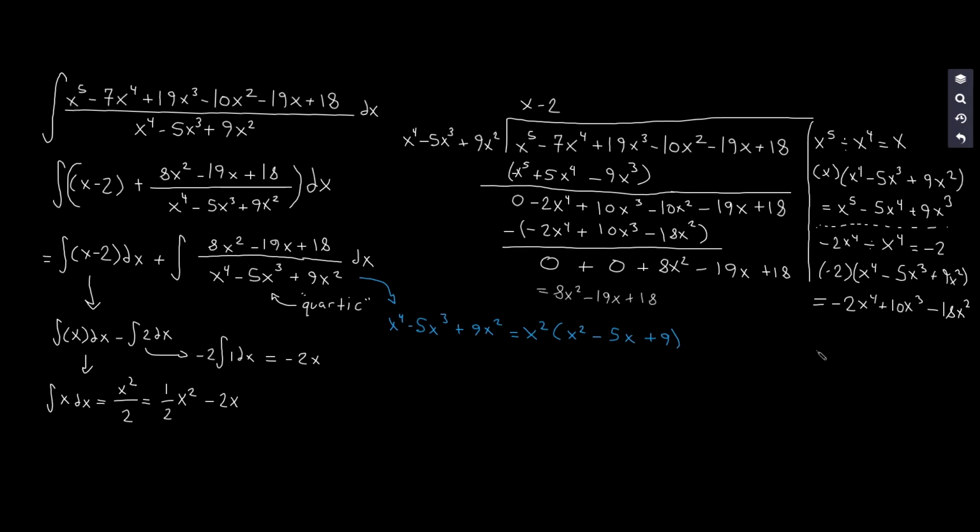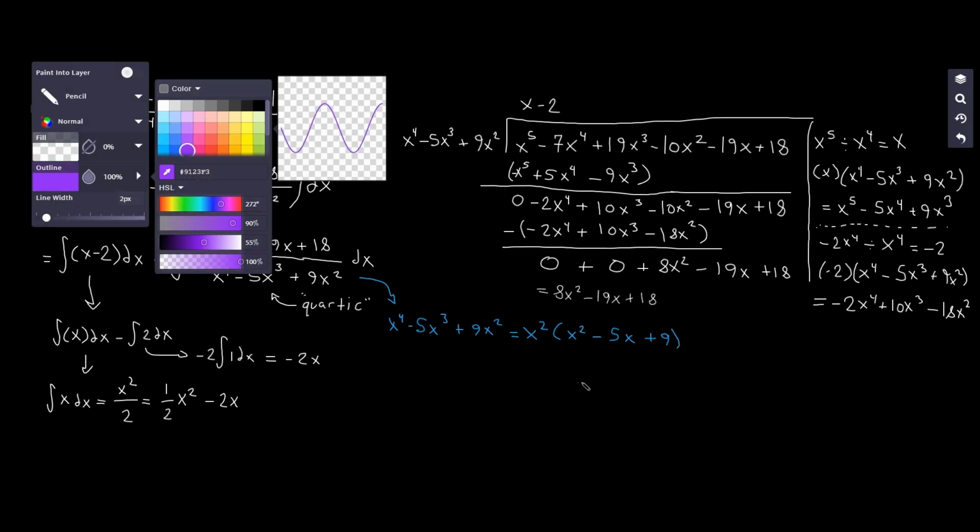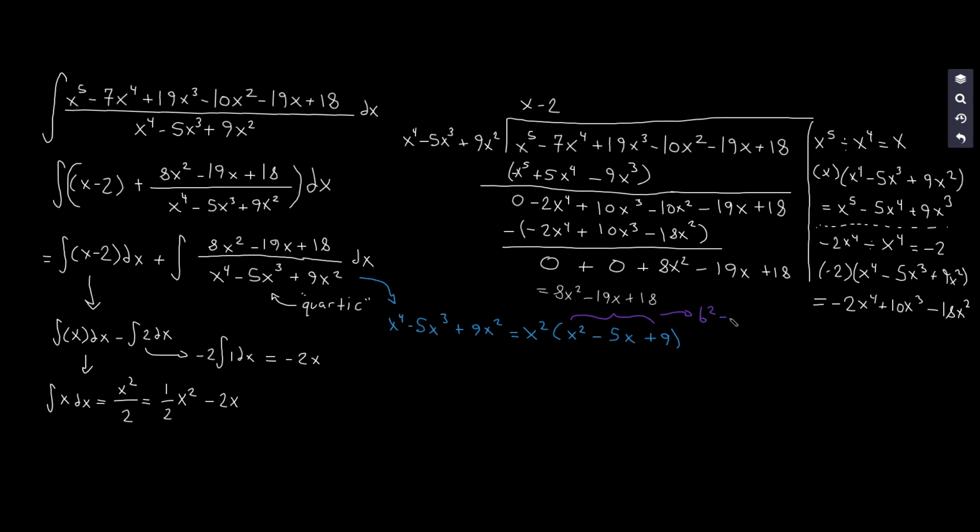We should probably check the discriminant for the quadratic. So let's go ahead and check the discriminant. We can do that in purple. B squared minus 4ac. For us, B is going to be -5, right?